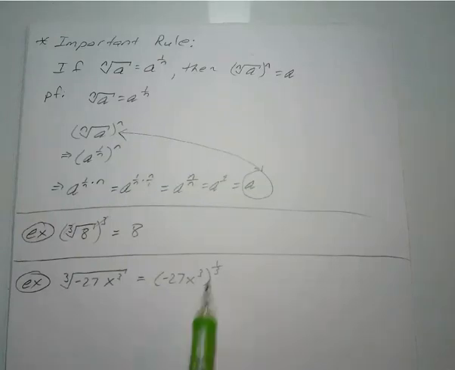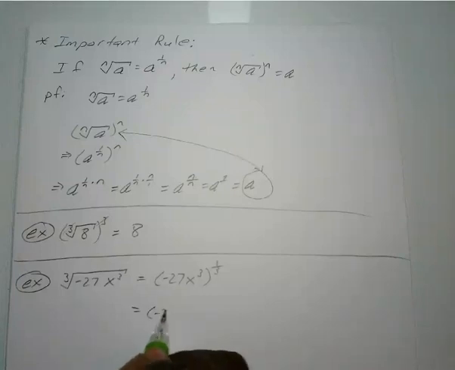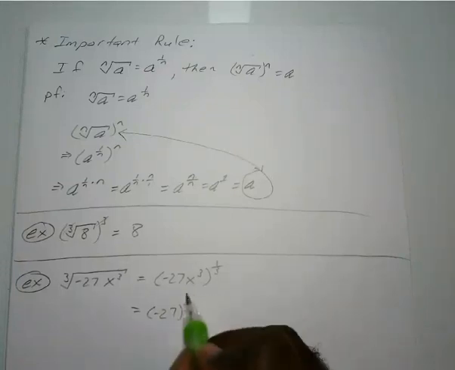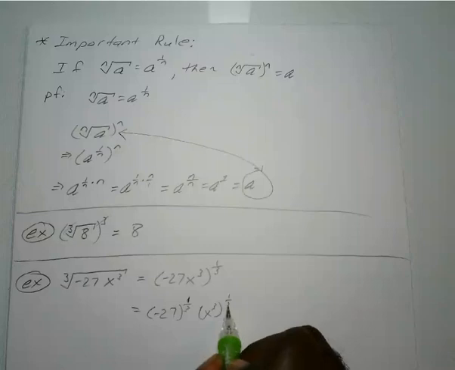Now if we remember our power over product rule, we just get that exponent and distribute it to both of those factors. So that would be negative 27 to the 1/3 power times x to the third to the 1/3 power.